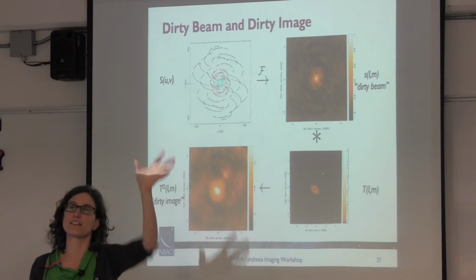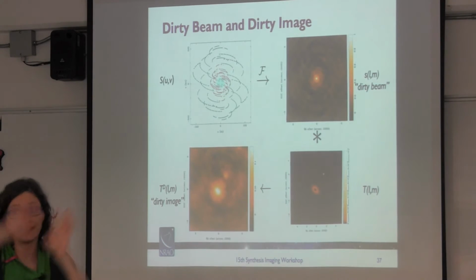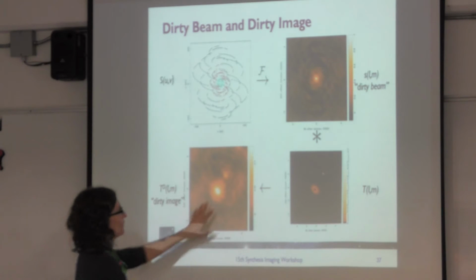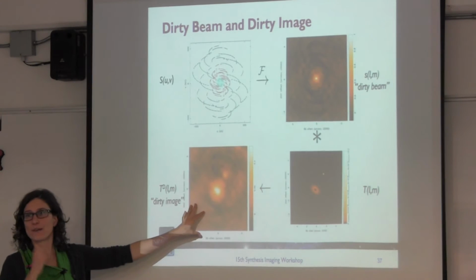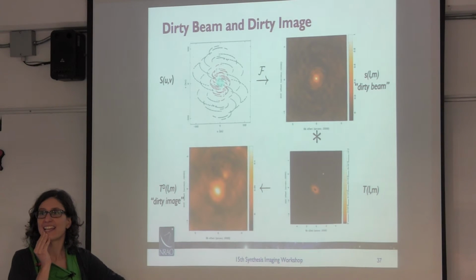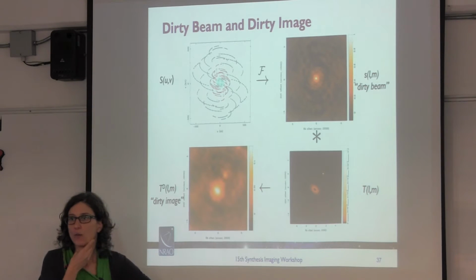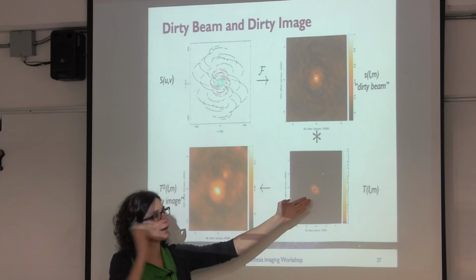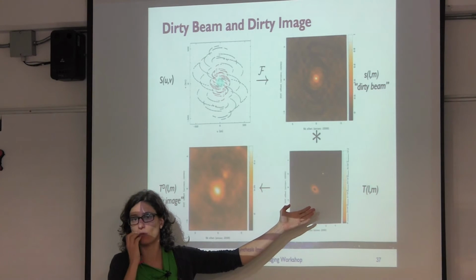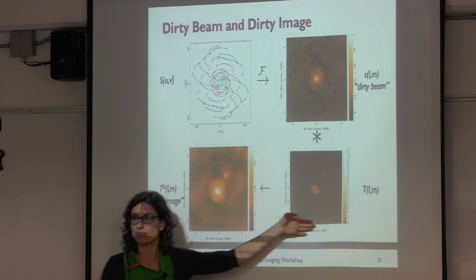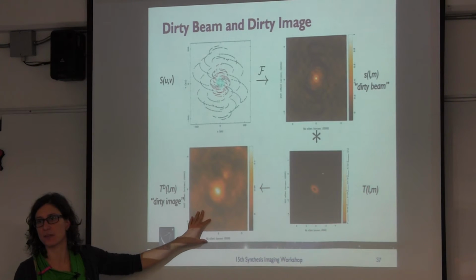There is a source in the sky that is however it is, right? And we are observing this. But how do we observe the dirty image if the dirty image is the convolution between the dirty beam and the image? Well, in this case we have created this model to obtain this dirty image.